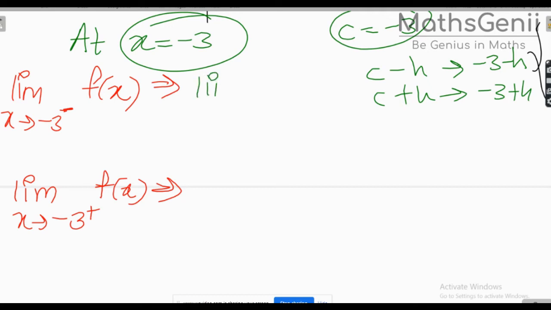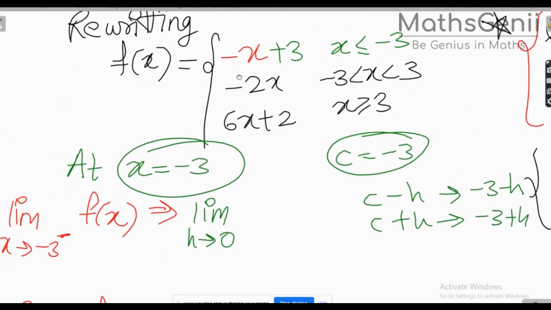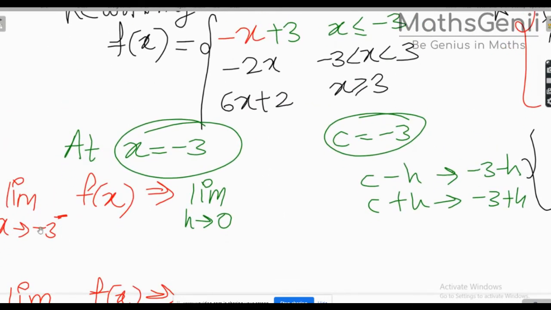Change this into h tends to 0, the standard definition of limits. What is your f of x for x less than minus 3? It is minus x plus 3.